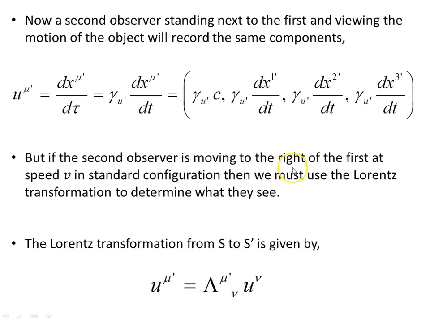But if the second observer is moving to the right of the first at speed v in standard configuration, then we must use the Lorentz transformation to determine what they see. So the Lorentz transformation from S to S prime is given by this compact object here.